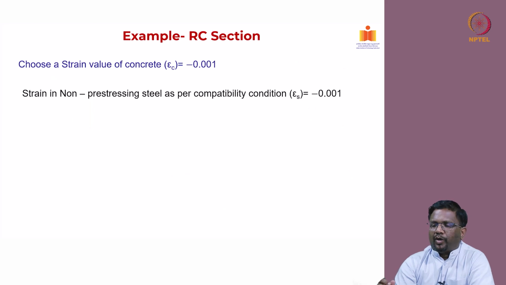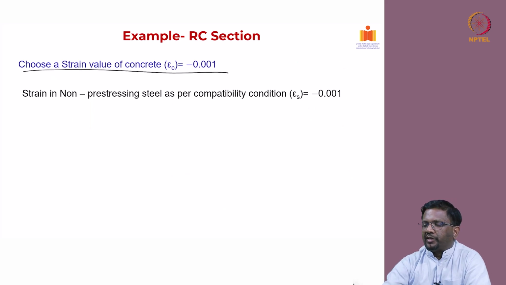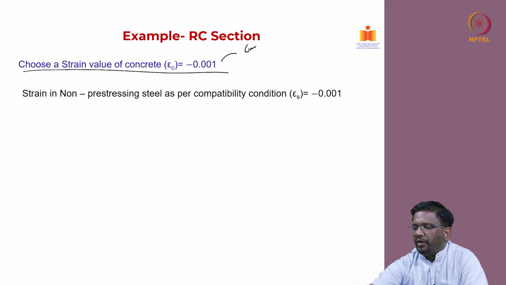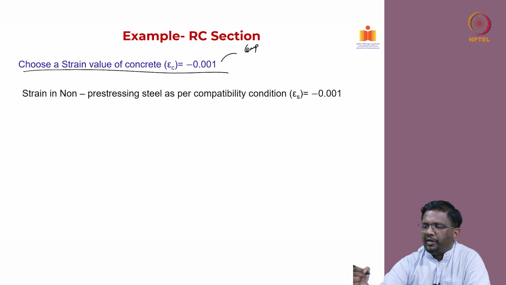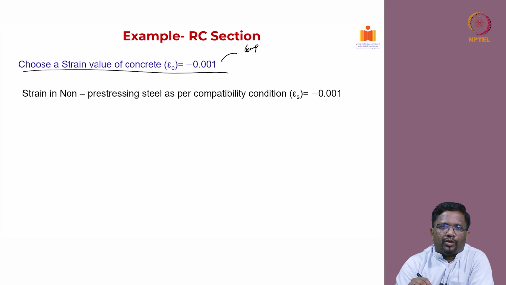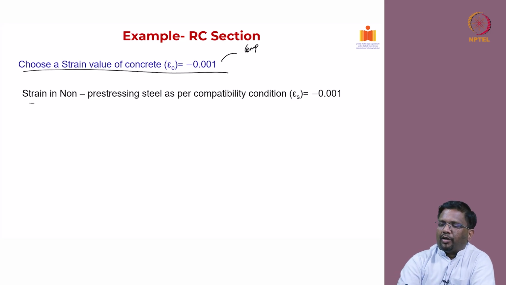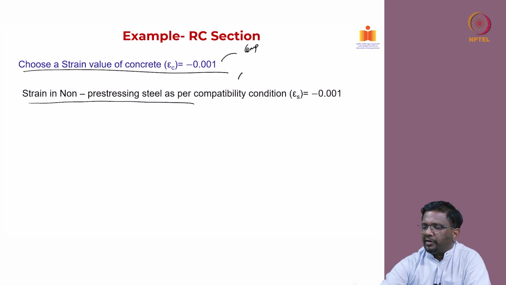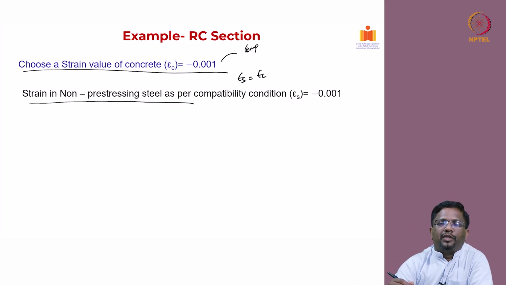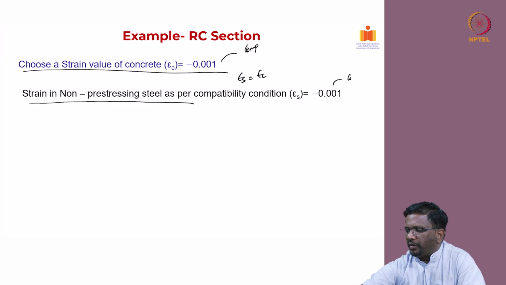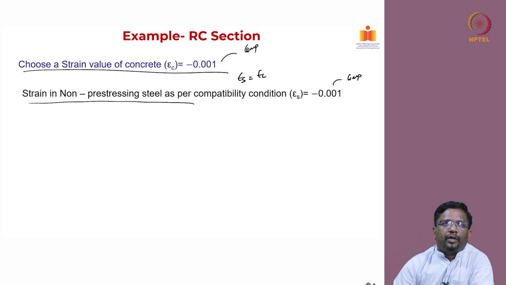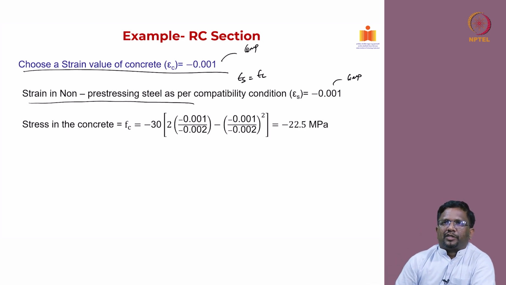Now what is the process? Again, we are starting with compression. This is compression, that is why it is negative 0.001, which is a strain that we first choose as the strain value. Now, strain in the non-prestressing steel, as per the compatibility condition, epsilon S is equal to epsilon C. So this is also going to be negative, which is compression again. Next, look at the stress in the concrete.